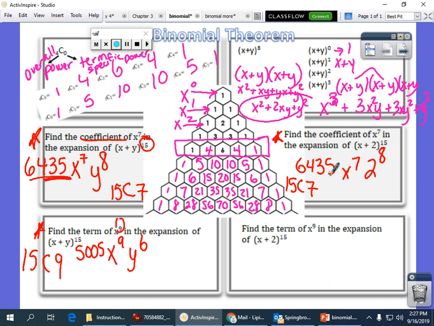You should have gotten 1,647,360. I did 2 to the 8th power and then multiplied it by my 6,435. You guys know what the caret button is? It's the insert key, like for English.